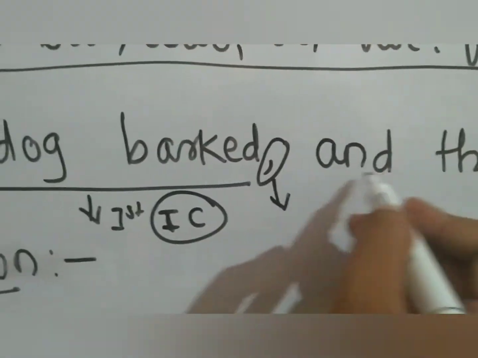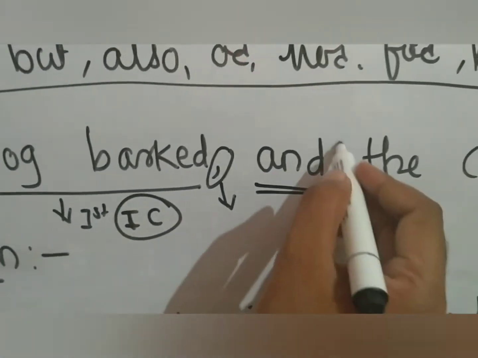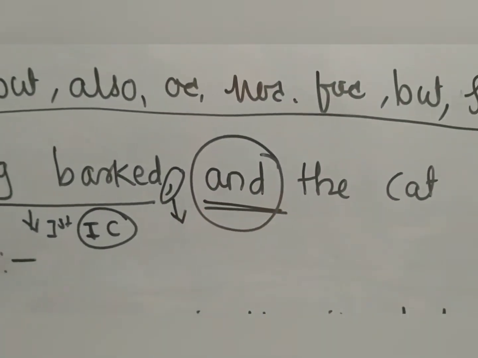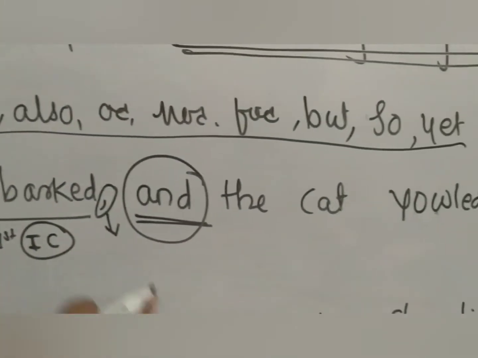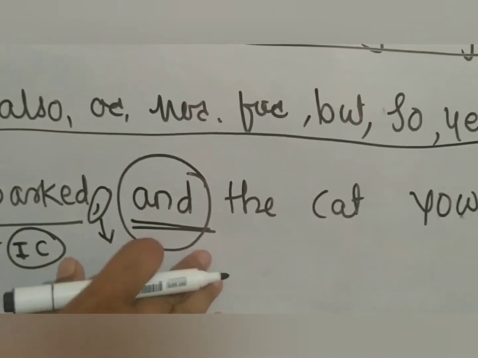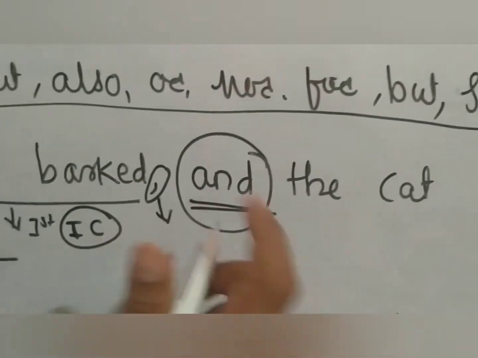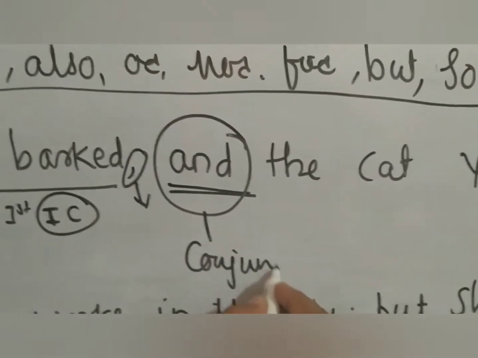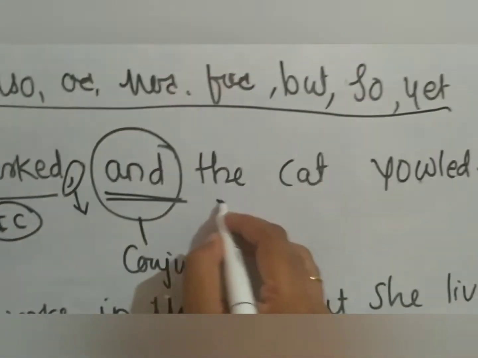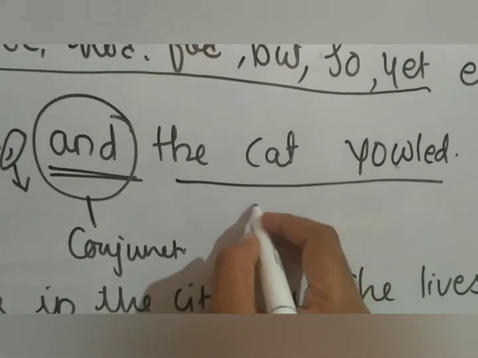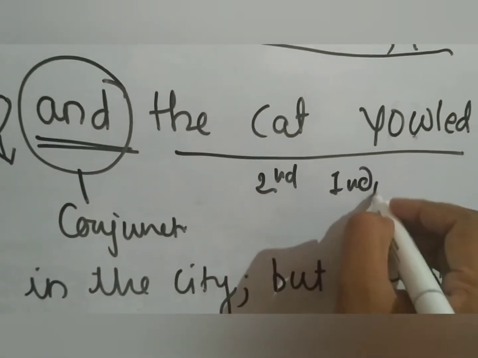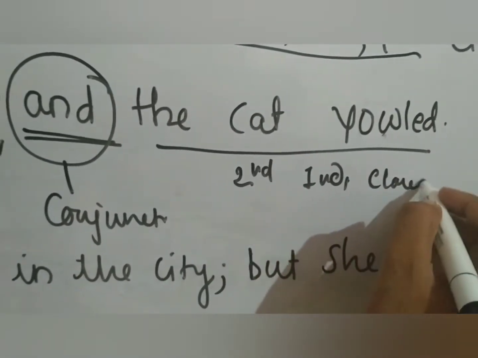Then we use a coordinating conjunction: and, but, so, yet. These are the coordinating conjunctions. So this is the conjunction, and the cat yowled. This is the second independent clause.